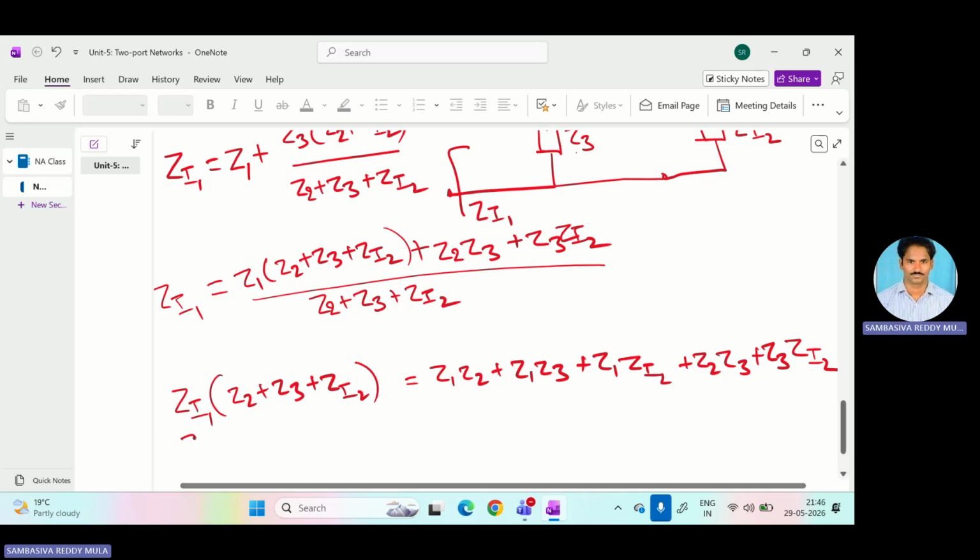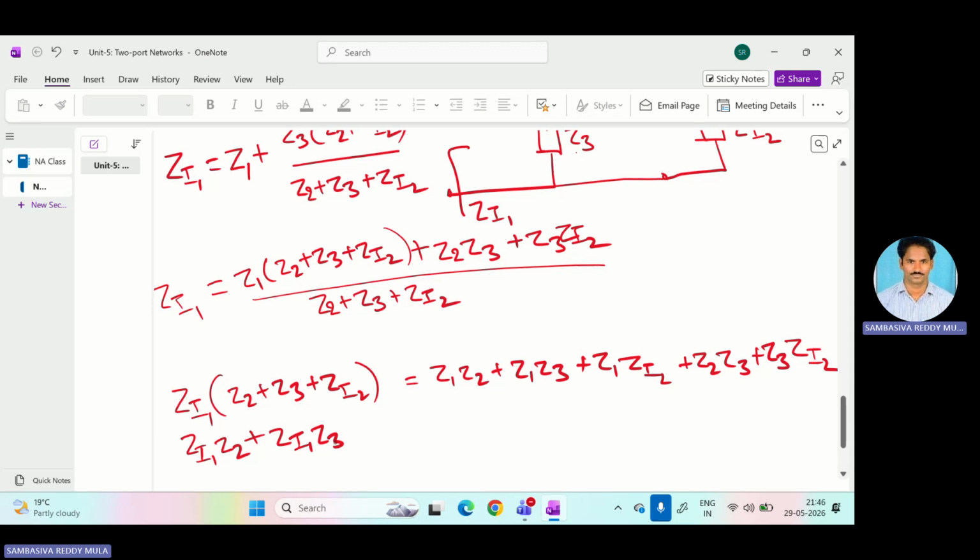So now if you expand this, ZI1 into Z2 plus ZI1 into Z3 plus ZI1 into ZI2.